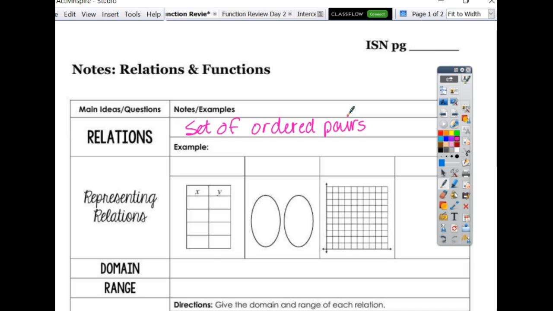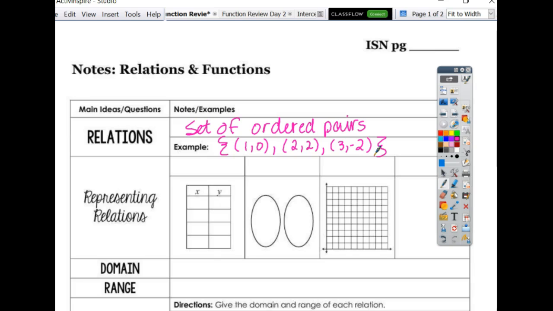And since it's a set, you have to use the fancy bracket to indicate that it's a set, and then it's ordered pairs. So I have a parenthesis, so we have a set and they're ordered pairs.